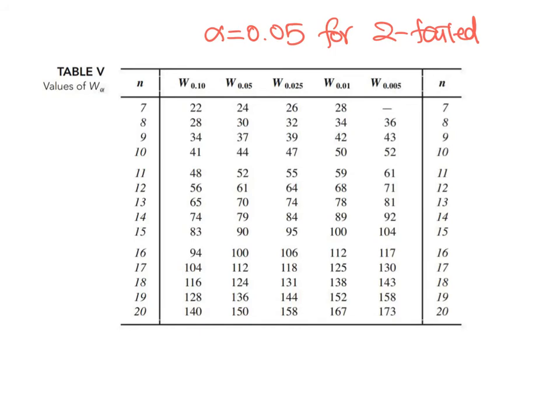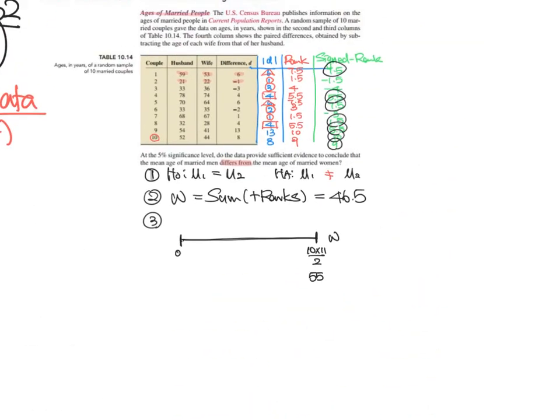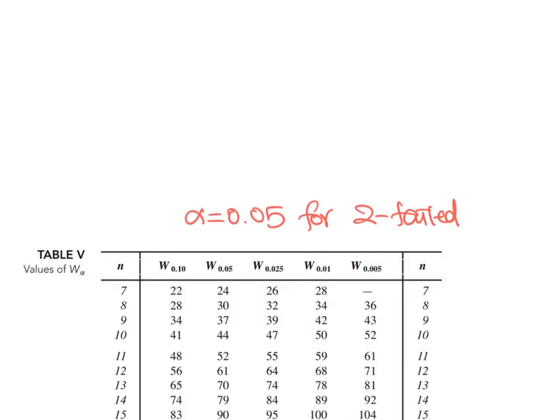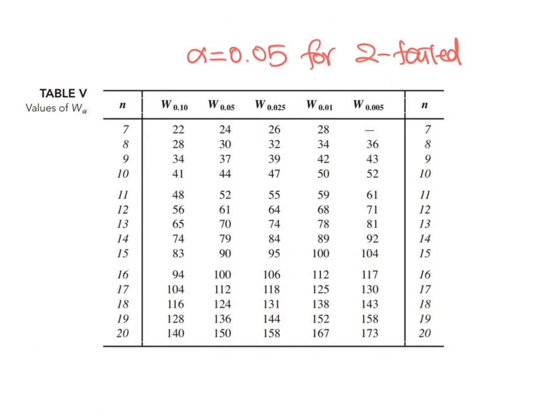I have to split the alpha of 5%, half here and half there. That means here is 0.025 and there is 0.025 too, because it was a two-tailed test. So I take 0.025 and the sample size equal to 10.